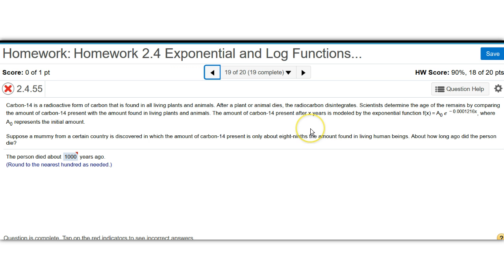This is a person who's discovered a mummy, and they are testing the amount of radioactive carbon-14, and it only has 8/9 right here, 8/9 of the original found. So again, using this formula, how would we find how long this individual, first an individual, then a mummy, was dead?